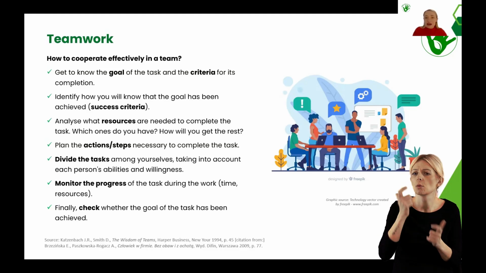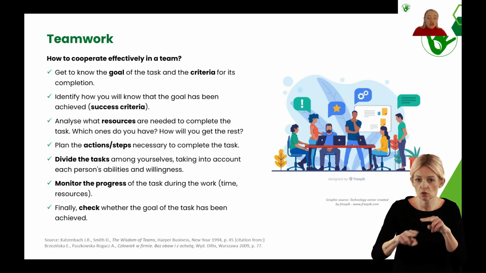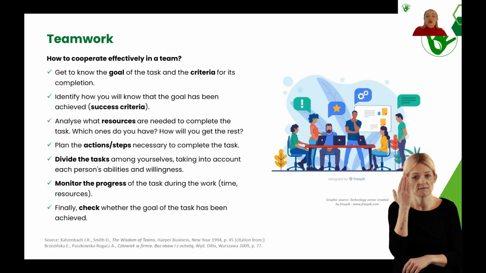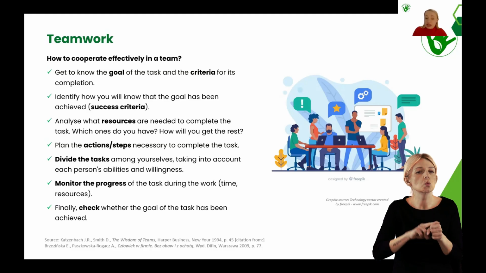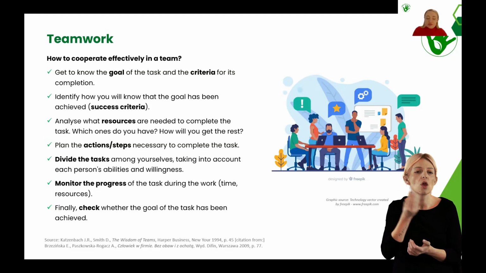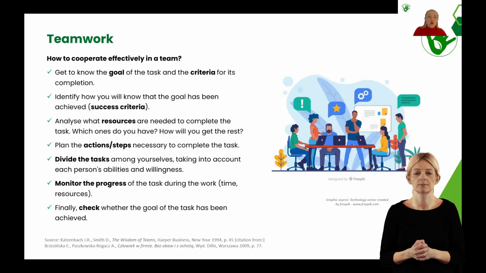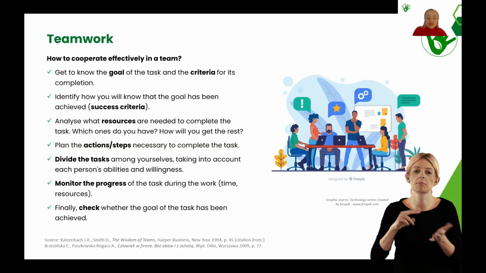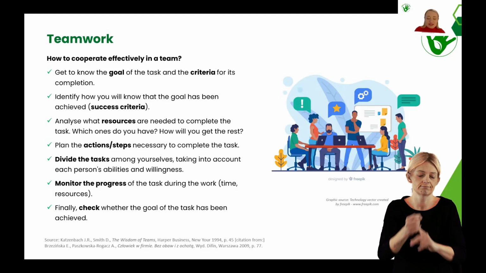Resources include time, tools, materials, budget, knowledge, etc. Consider which of these resources you already have, which you still need, and how to get them. Then plan specific stages for achieving a goal. In other words, divide the achievement of the goal into smaller parts.